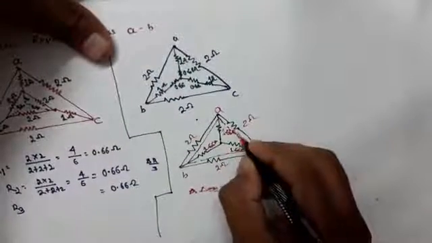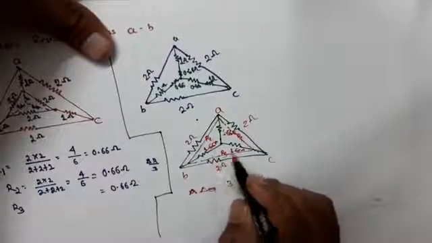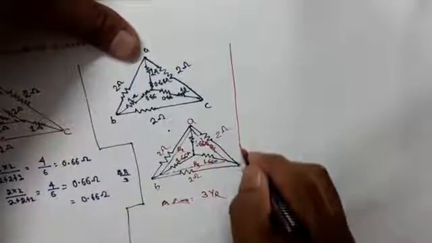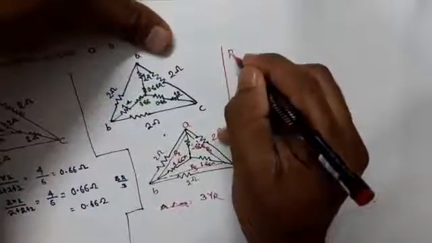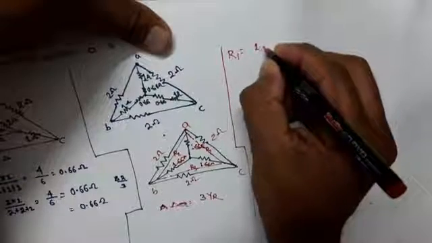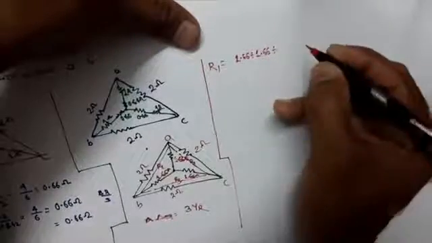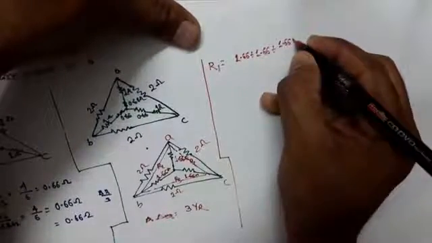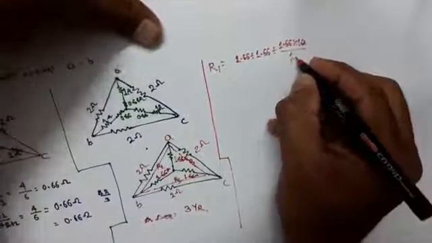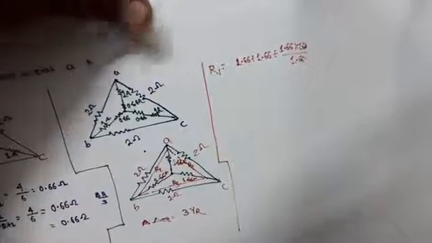This is R1, this is R2, and this is R3. To find R1, it is 1.66 plus 1.66, plus 1.66 into 1.66 divided by 1.66.